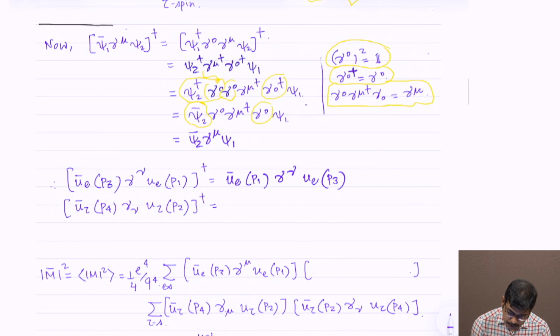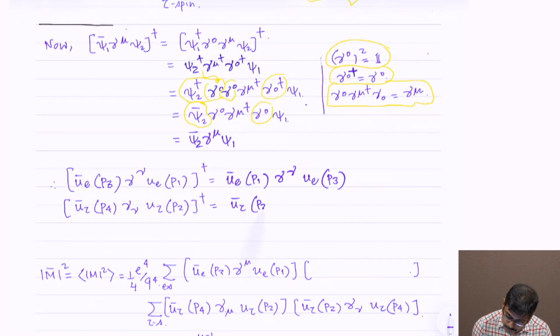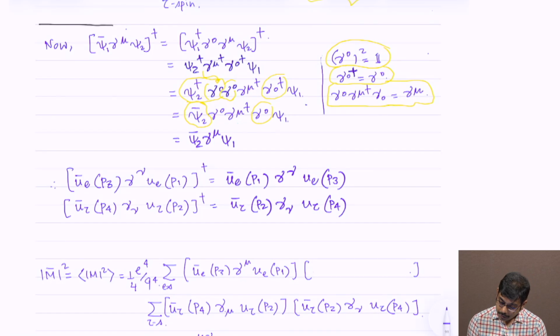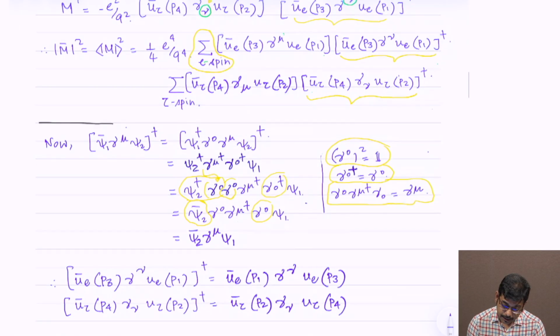What happens to [ū_τ(p4) γ^ν u_τ(p2)]†? This is going to be ū_τ(p2) γ^ν u_τ(p4). Very, very good. Now using these two I am going to write the matrix element squared that we wrote before.